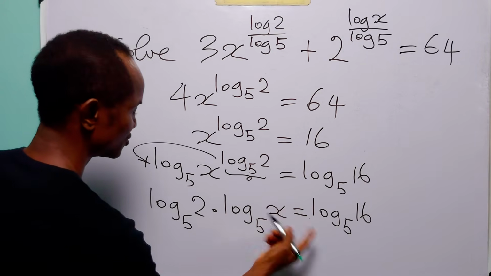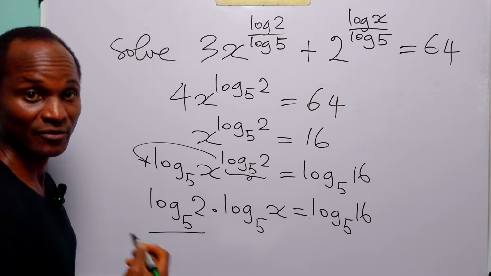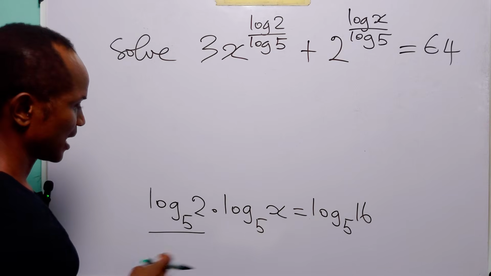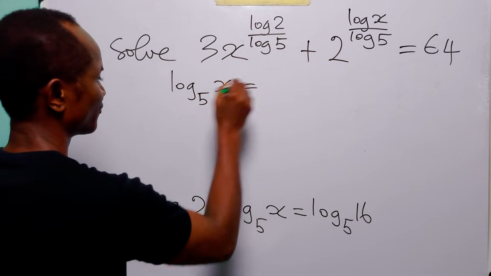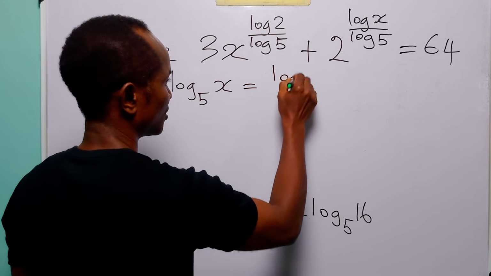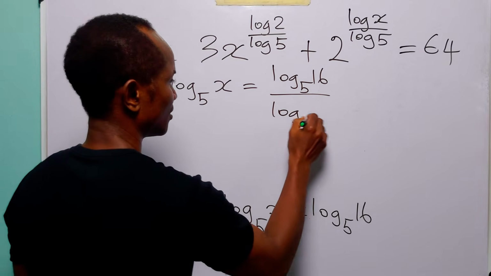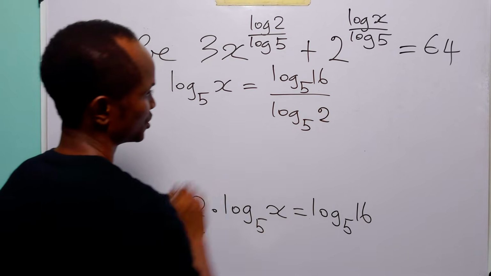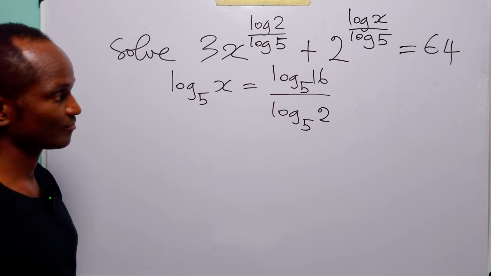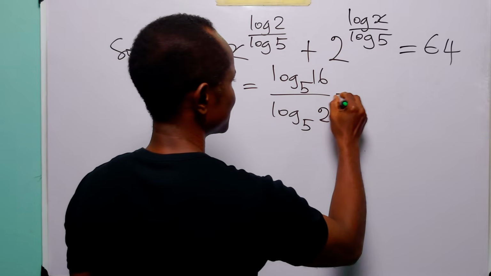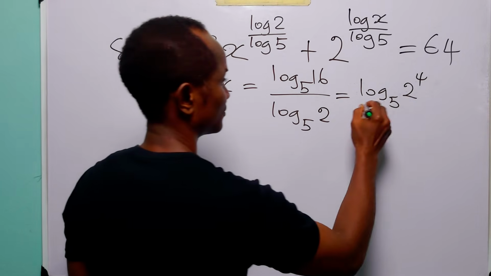Obviously, the next thing we are going to do is to divide both sides of this equation by log base 5 of 2. And when we do that, we have that log base 5 of x is equal to log base 5 of 16 divided by log base 5 of 2. But remember that 16 is equal to 2 to the power 4.